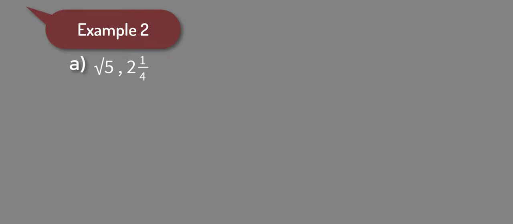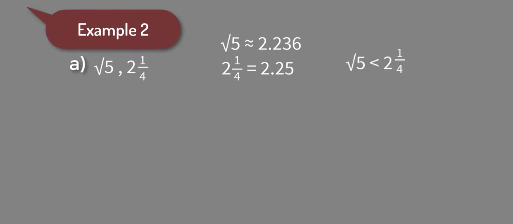The square root of 5 is approximately 2.236. 2 1/4 equals 2.25. 2.236 is less than 2.25, so we know that the square root of 5 is less than 2 1/4.